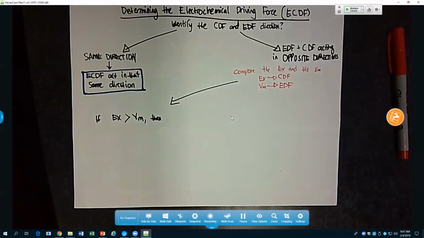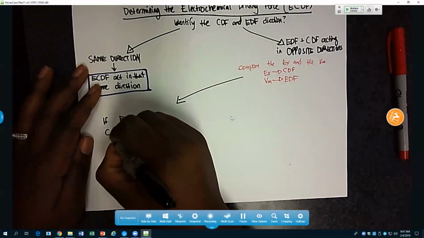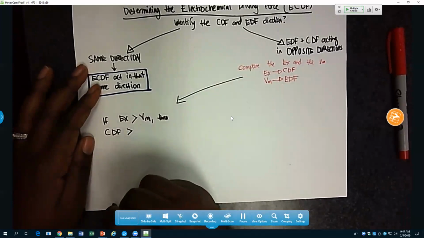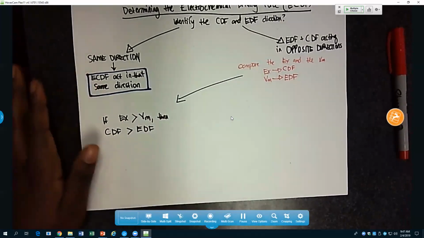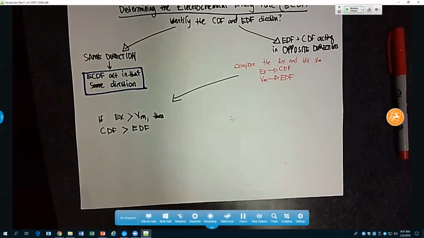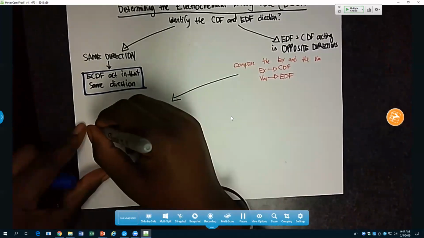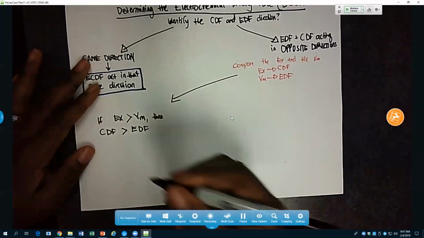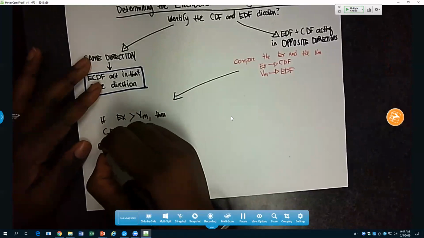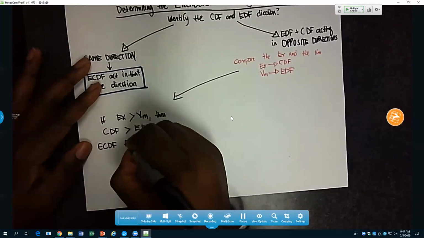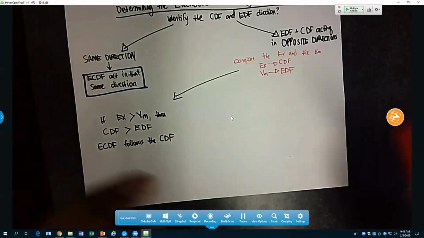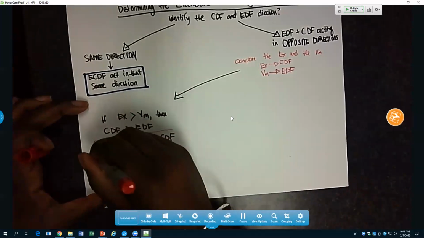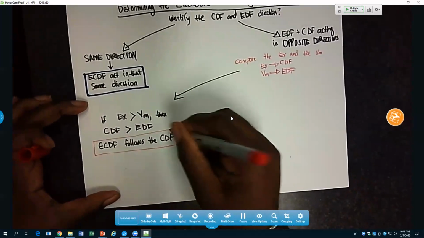So if the equilibrium potential is greater than the membrane potential, then the chemical driving force is more influential than the electrical driving force. Can everyone see that? Hence, the electrochemical driving force follows the chemical driving force.